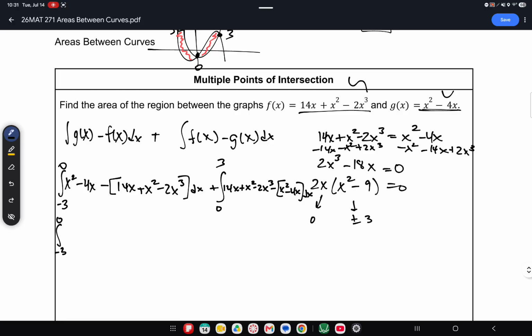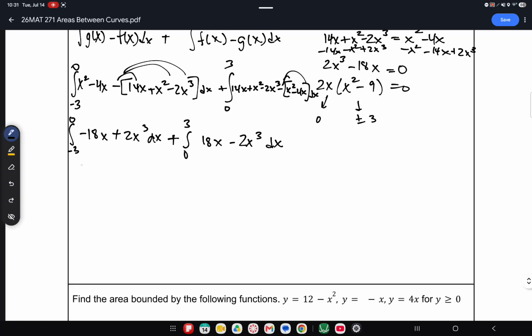So I'll distribute that negative and combine any like terms. So the x squareds will cancel out. So I'm left with negative 18x plus 2x cubed dx. And then I'll distribute the negative here as well. The x squareds will go away, and then I have positive 18x minus 2x cubed.